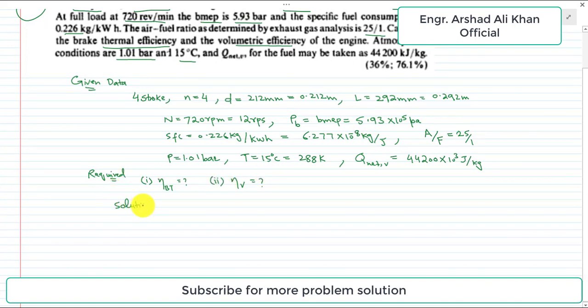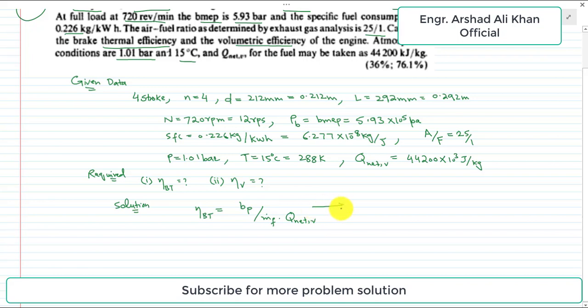we know that for brake thermal efficiency we have an expression, that is brake thermal efficiency is equal to brake power divided by mass flow rate of fuel into net calorific value.